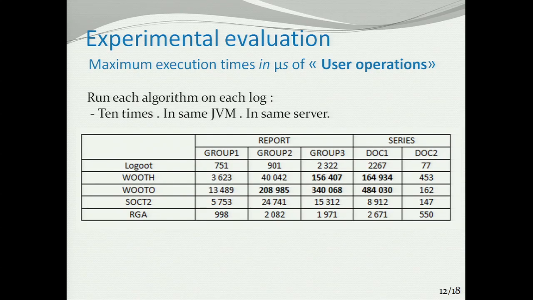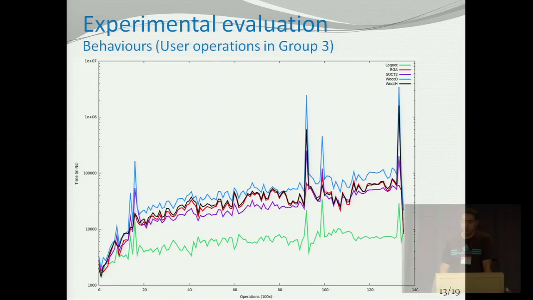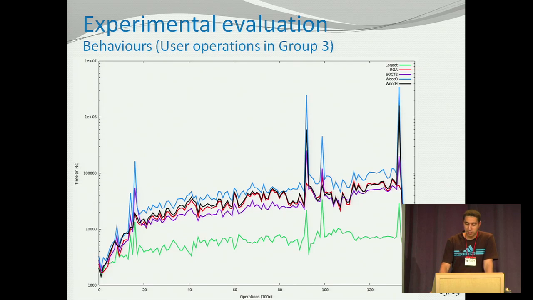With this table, we cannot observe the behavior of all algorithms. Then we drew a graph to observe the behavior of each algorithm over time. We represent in this graph the algorithms' behavior for execution time of user operations in group 3, on a logarithmic scale and averaged over 100 operations.